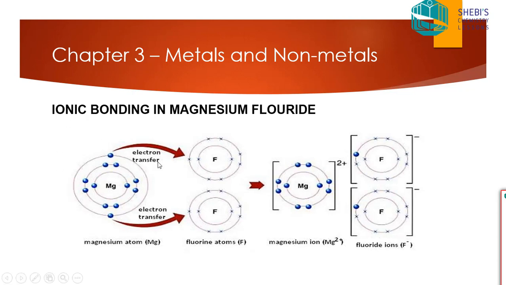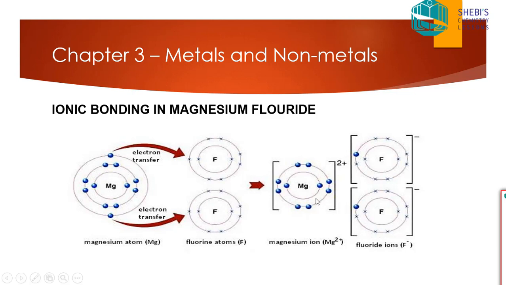You can see in the fluorine atom one unpaired electron is there. That unpaired electron will be paired by one electron from magnesium. You understood? The chemical formula is MgF2, right? So one more fluorine will be there, which also completes its octet by gaining one electron from the magnesium atom.